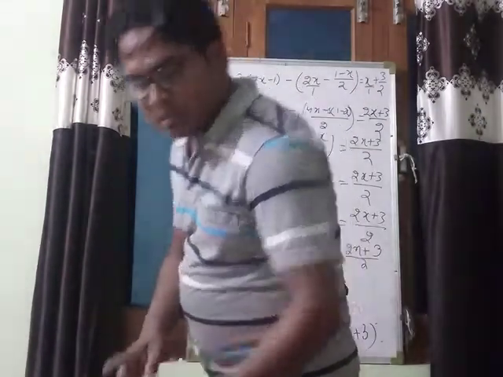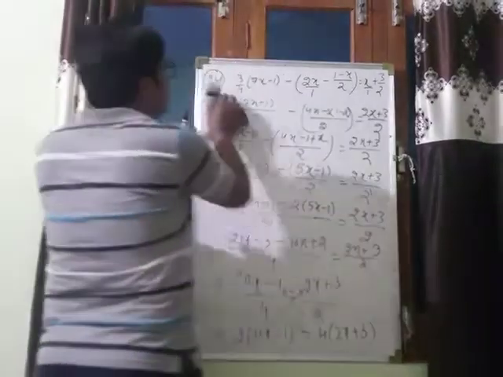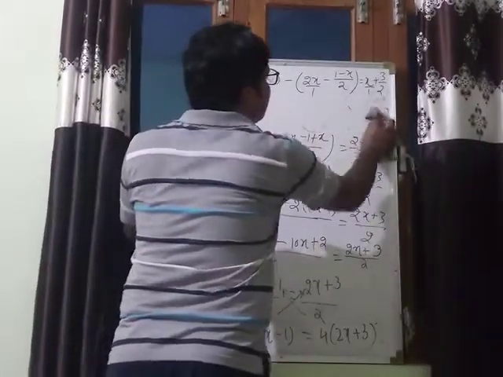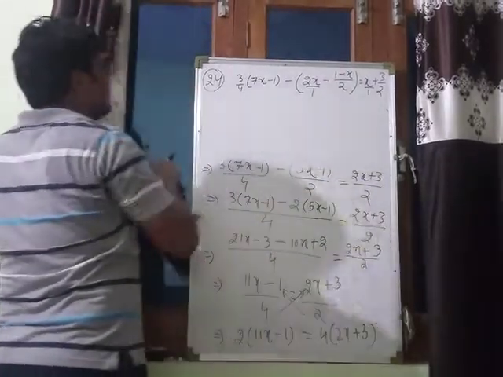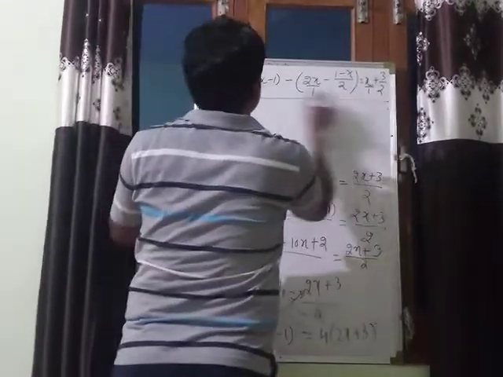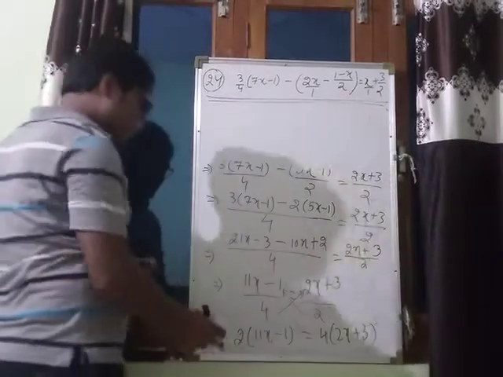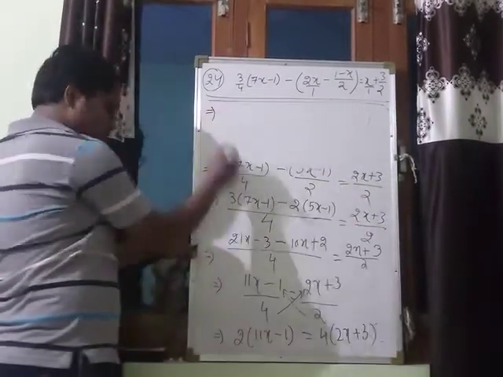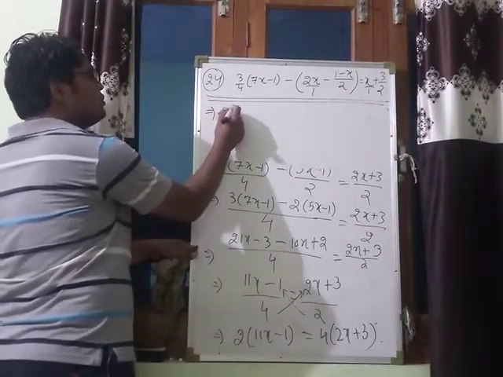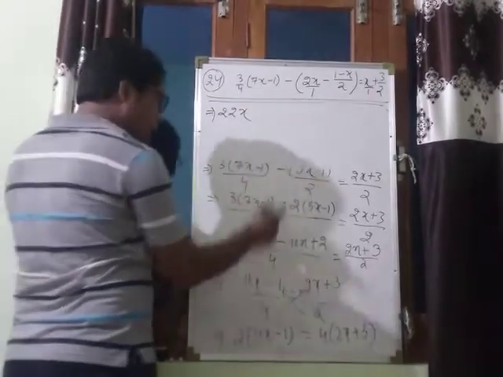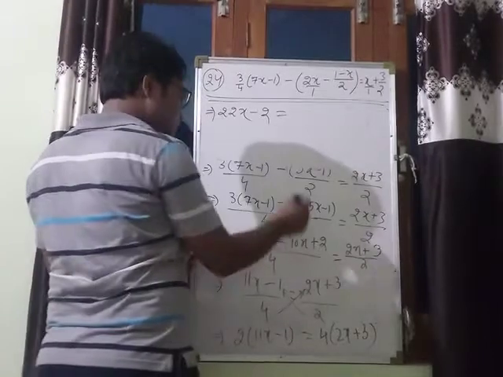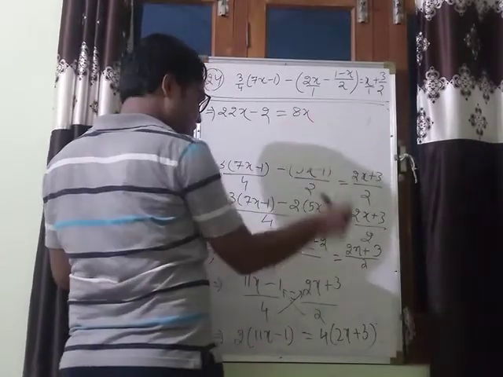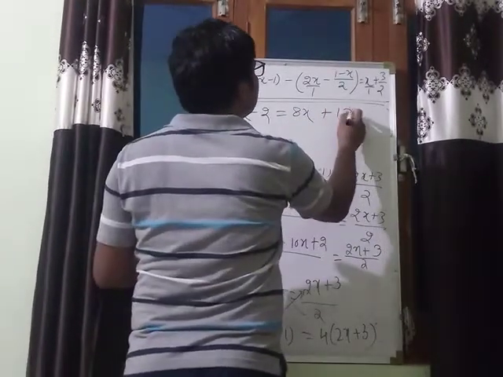Okay. Now I am going to hide a few of the lines above. That is our question. Okay. Now open the bracket, that is 2 into 11, 22x minus 2 1 is 2, equal to 4 2 is 8x plus 4 3 is 12.